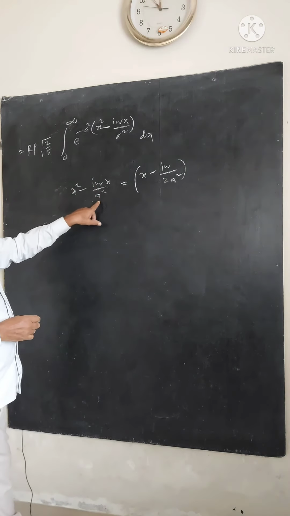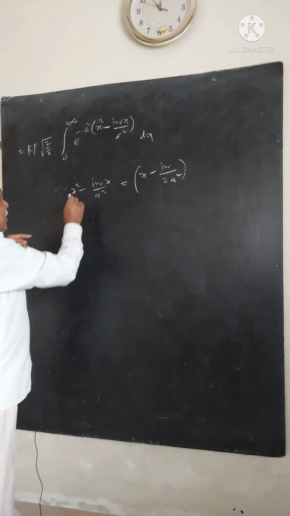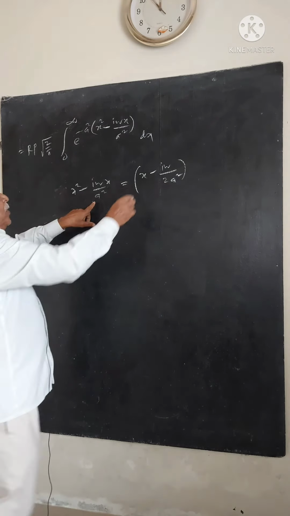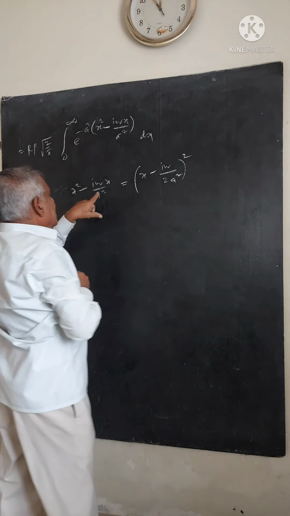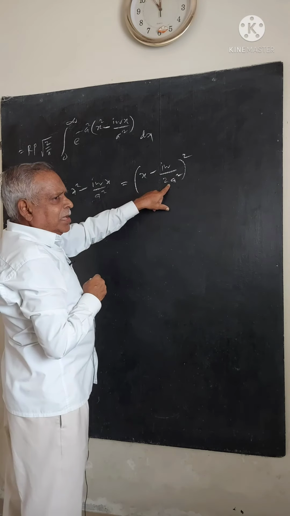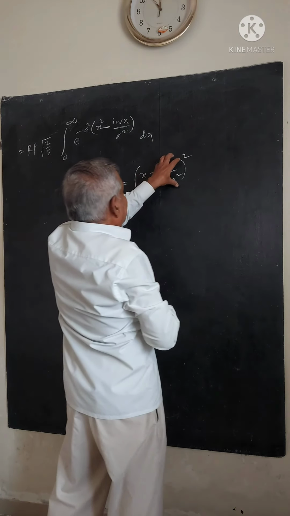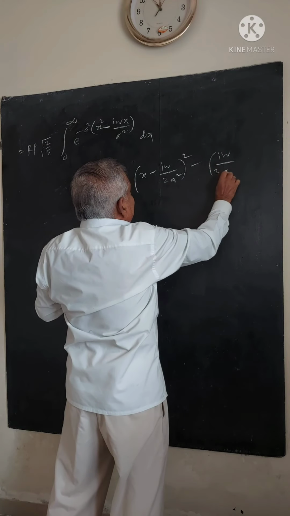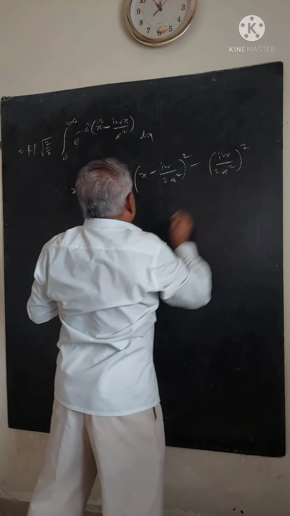If negative comes, negative is there; if positive comes, positive we should write, which makes a perfect square. Writing here divided by 2, and subtracting the square of this, minus i omega by 2a square whole square.